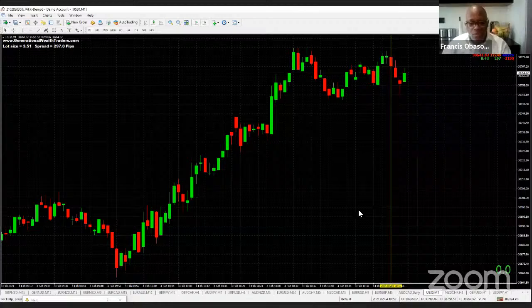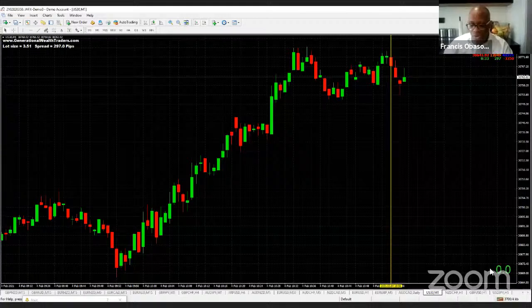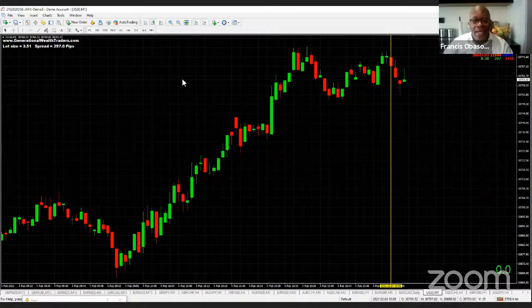Okay, so let's get to the meatier part of this. Now, I want us to consider this indicator here, which currently says 0.0. I'm going to enter a trade soon, and you're going to see that this 0.0 will begin to move.